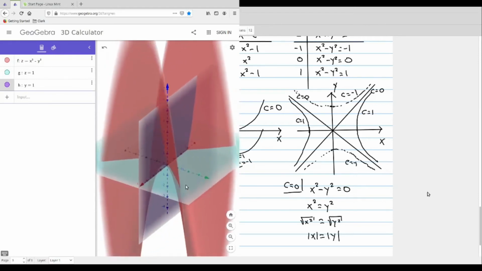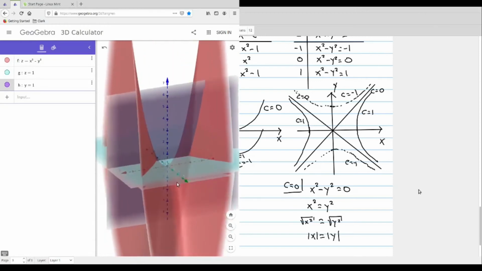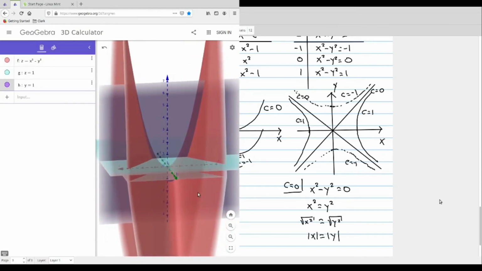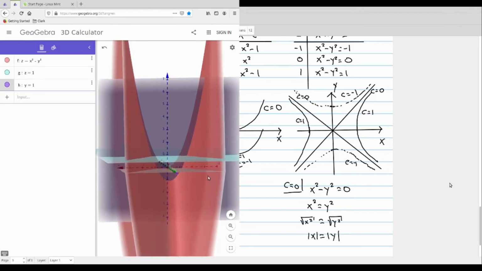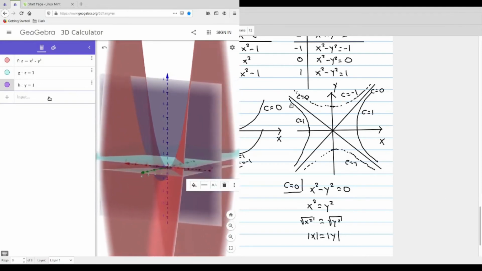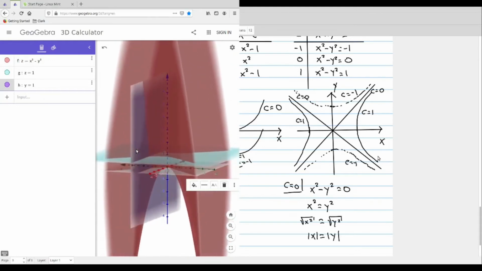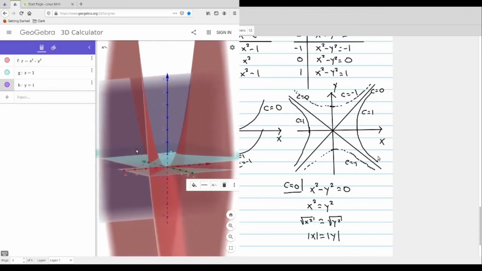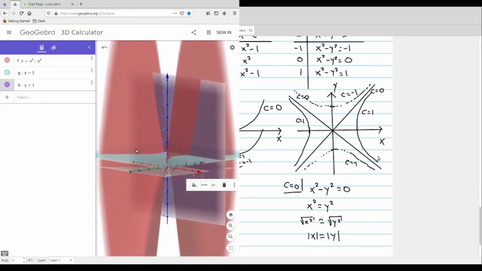That's exactly that intersection right there. And that matches the traces that we calculated earlier. So the idea here is that you don't actually need GeoGebra or a 3D graphing calculator to visualize these things, but it certainly makes it nice to verify the work that you're doing and to understand a given relationship that you have.